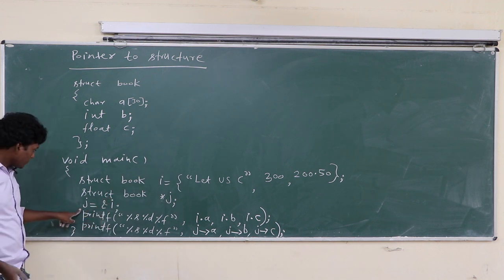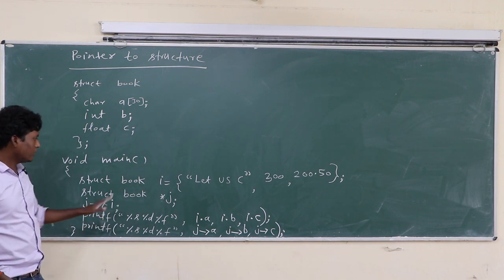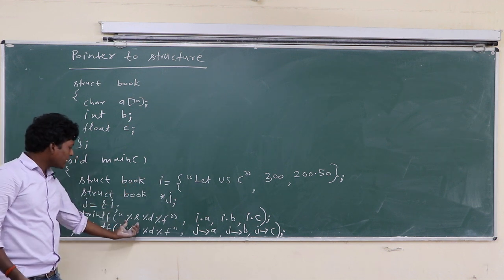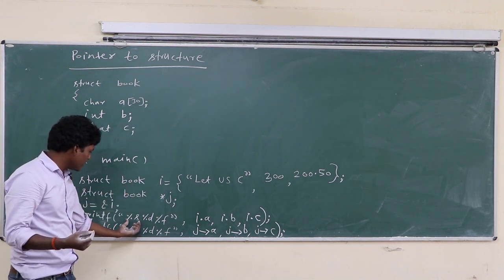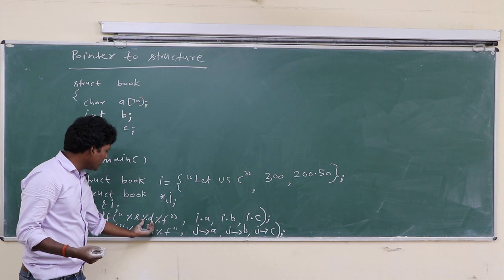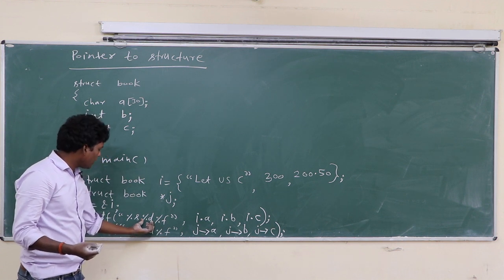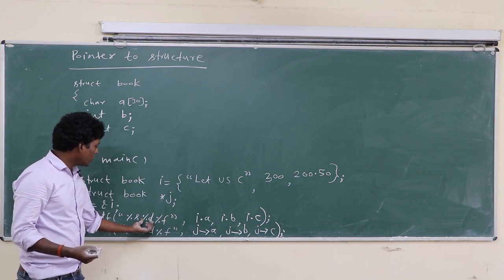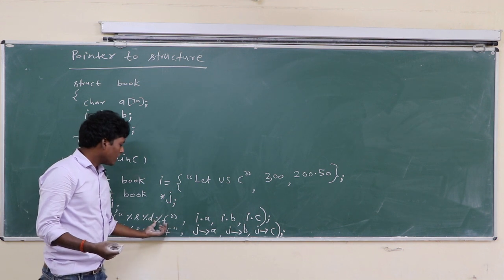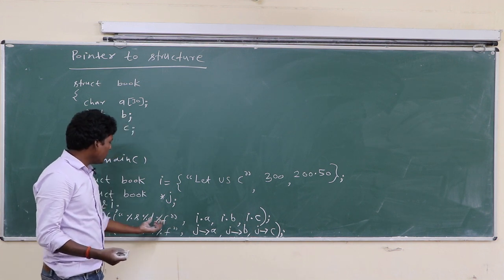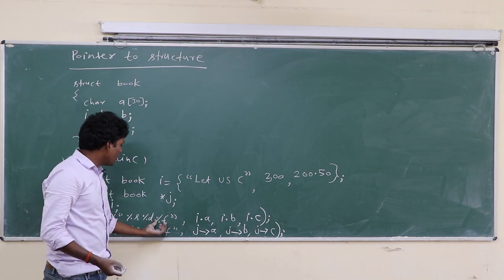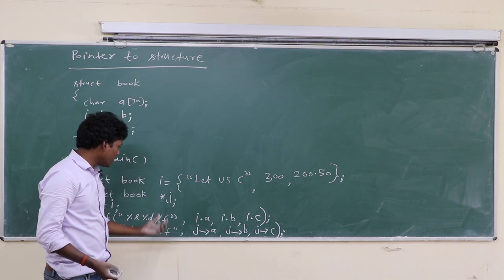Okay class, now we are going to print. %s prints the string, that is the name of the book. %d prints the pages of the book, which is integer. %f prints the price of the book, which is float.